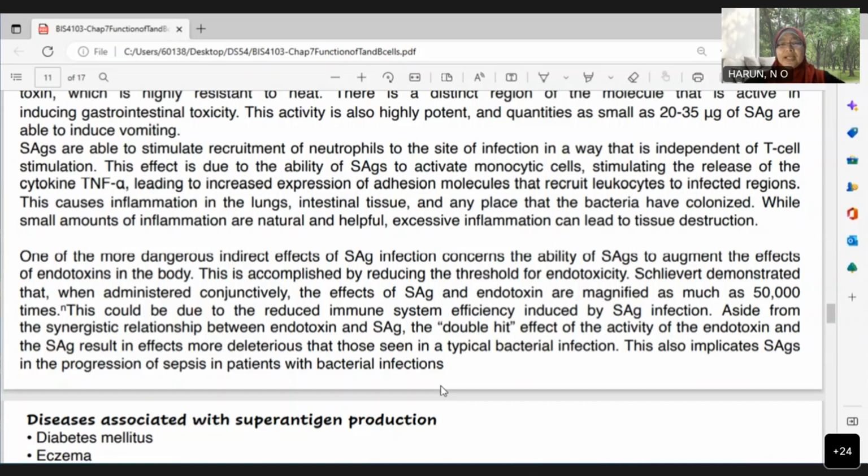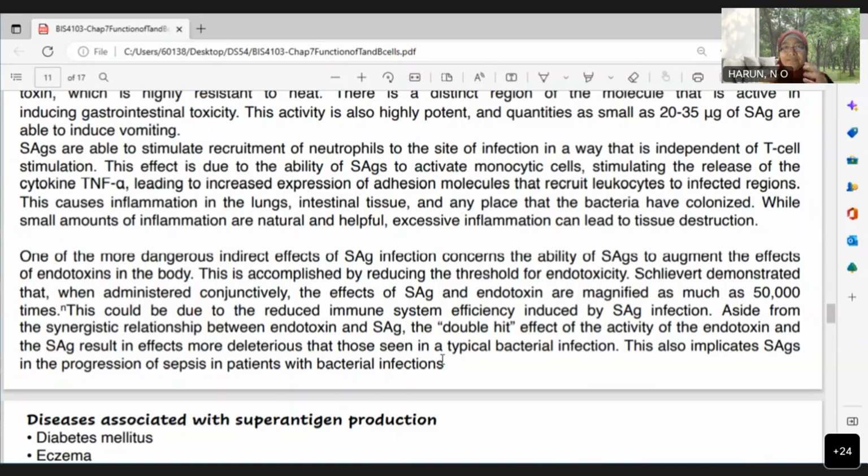So, towards the end, this implicates the SAG in the progression of sepsis in patients with bacterial infections, where SAG can give both direct and indirect impact. As you can see, this particular SAG shows an indirect impact, which is quite difficult for us nowadays. We can see that there are lots of COVID-19 positive patients, right?